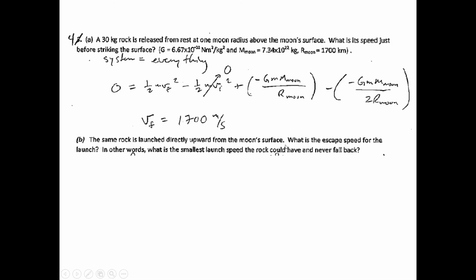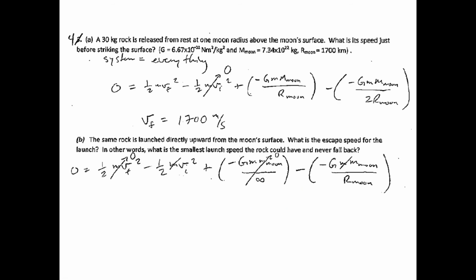So it just slows to a crawl, but it never turns around and comes back. It just goes slower and slower and gets closer and closer to zero as it gets farther away. Okay, so that launch speed that's just right at the cusp, where it never comes back, is called the escape speed. So this would be the escape speed for the moon.